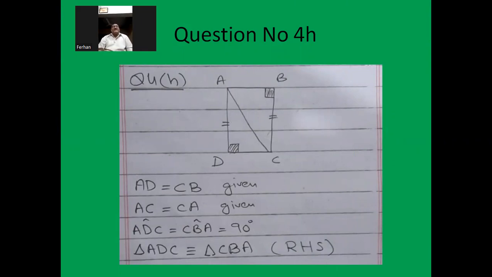AC is equal to CA because this side is the common side. The angle ADC is equal to the angle CBA, the reason is both of them are 90 degrees. So we can say that the triangle ADC is congruent to the triangle CBA. The reason is RHS.